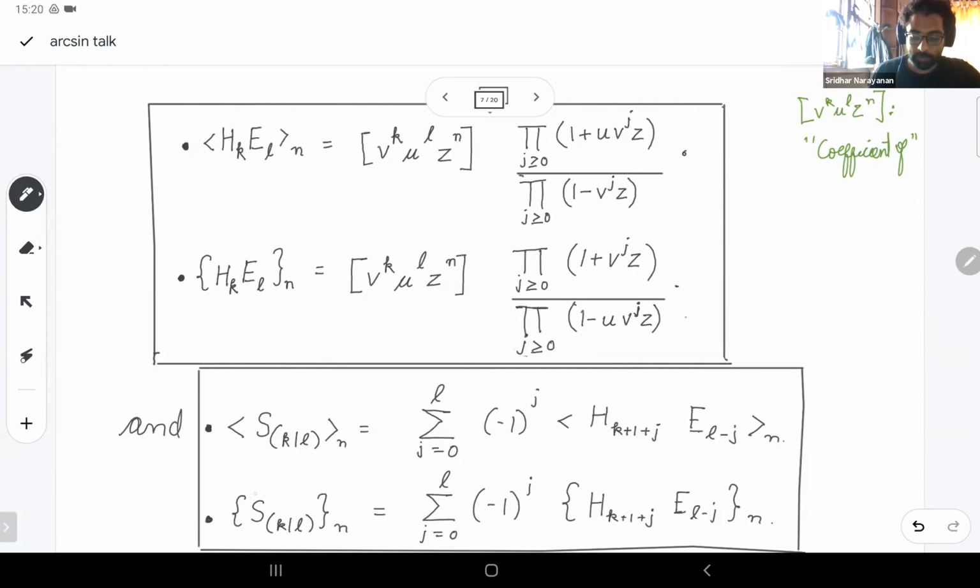And using these, we can find the moments for the irreducible GLN modules for these SKL, just using the fact that the moments distribute across sums, right? So it's just the alternating sum of the individual moments. So this is basically the setup.